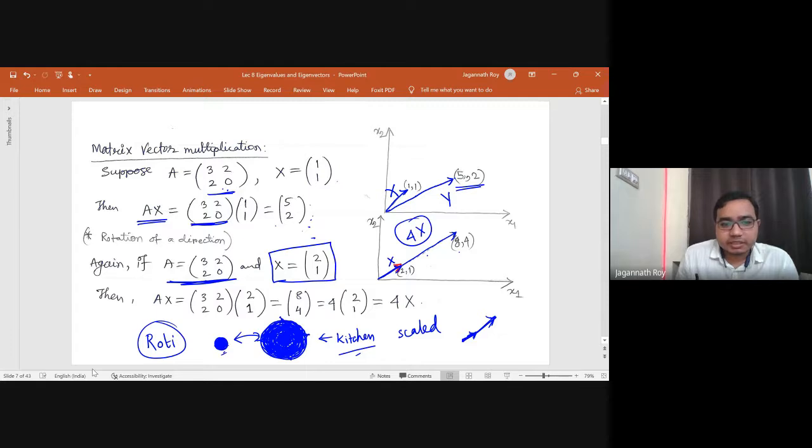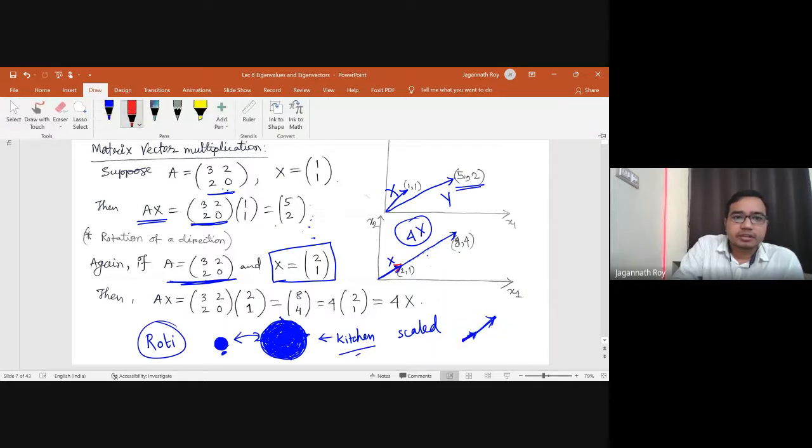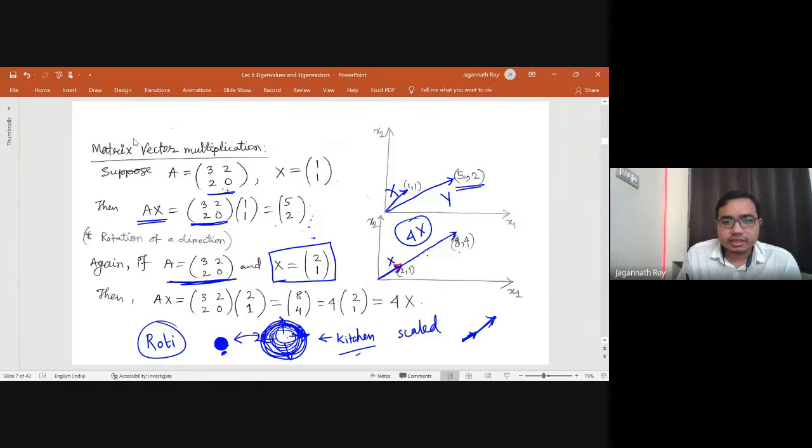So this small quantity is magnified in all directions, keeping all the vectors within it in the same direction. All the vectors keep their direction the same, and they are just getting magnified.